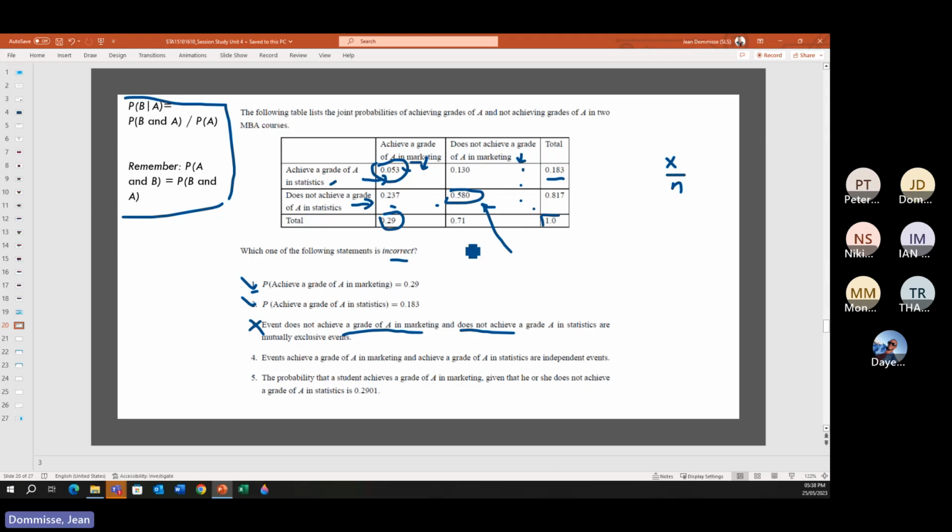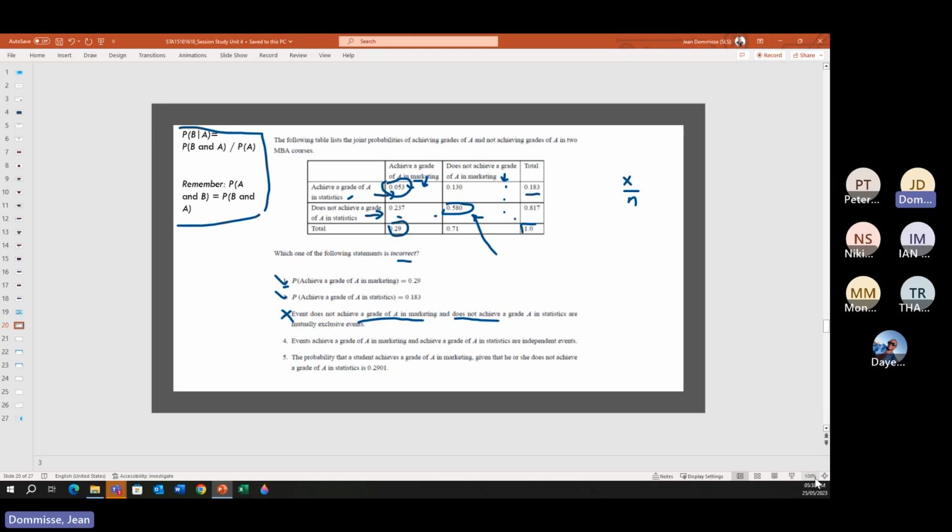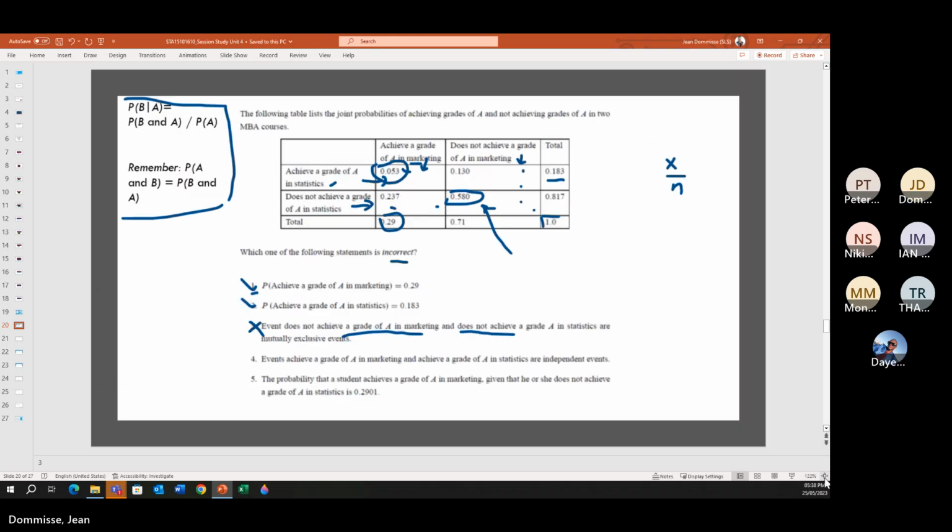And then the question is, are these events independent? Okay, at least we know what it should be. So how do we know if that is independent?